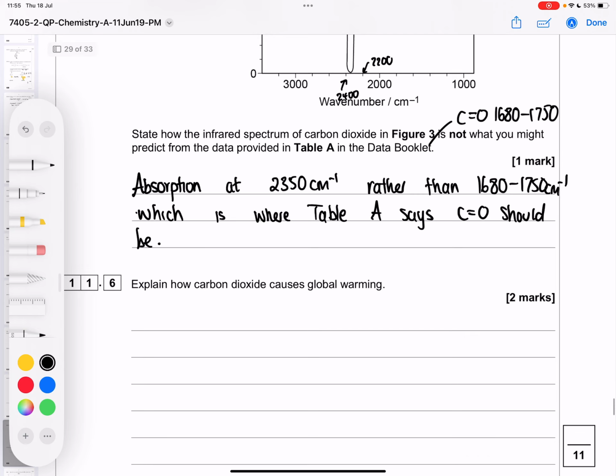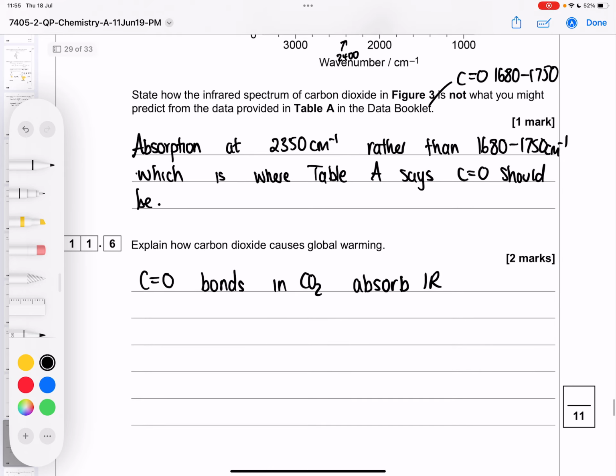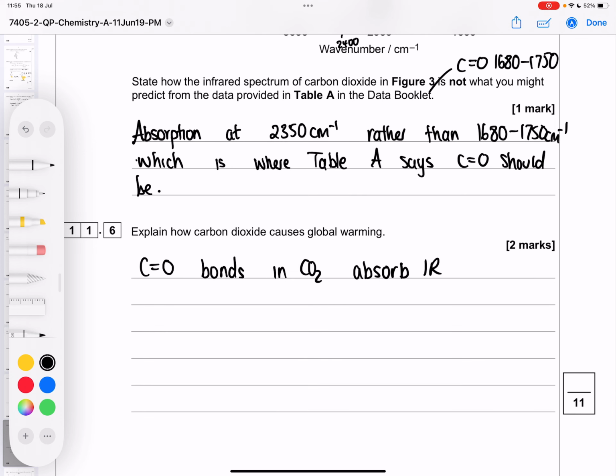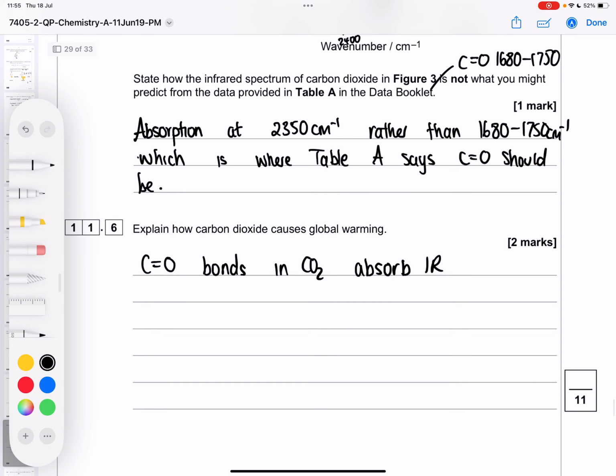Explain how carbon dioxide causes global warming. So it's all about the bonds. The C double bond O bonds in CO2 absorb infrared. We know that. We can see them in the data table. Okay, so they're absorbing that. The bonds vibrate.